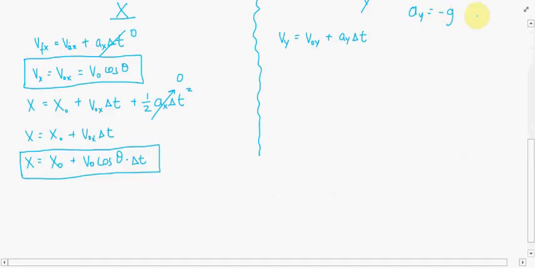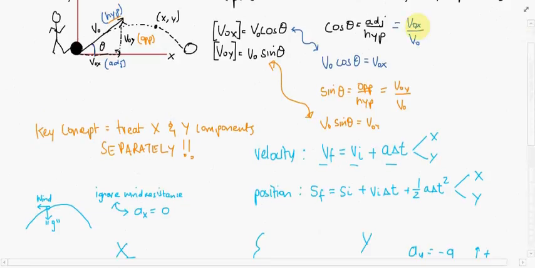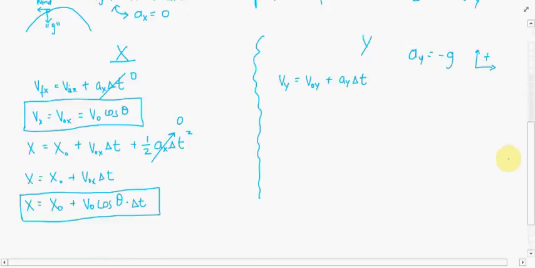The reason it's negative is because it's acting down, and our conventional setup is that anything acting to the right and up would be defined as positive. Therefore, anything going down or to the left would be defined as negative. Okay, and we also found earlier that v sub naught y is equal to v sub naught sine of theta, right? It's defining the vertical velocity.